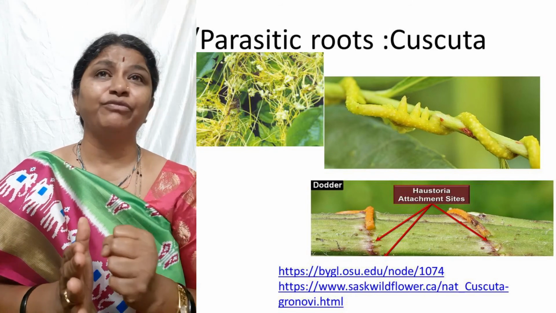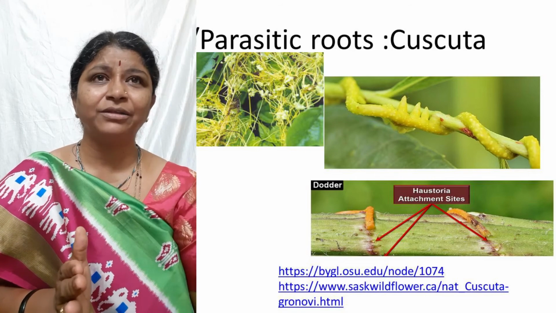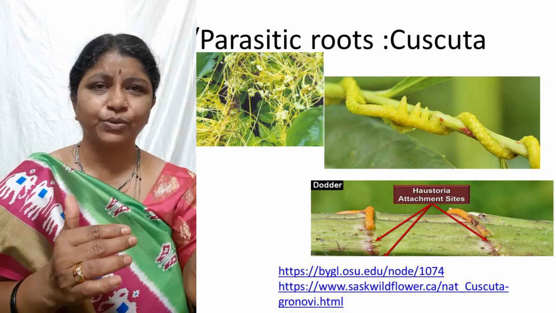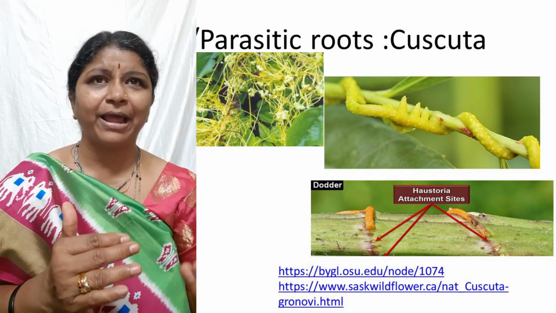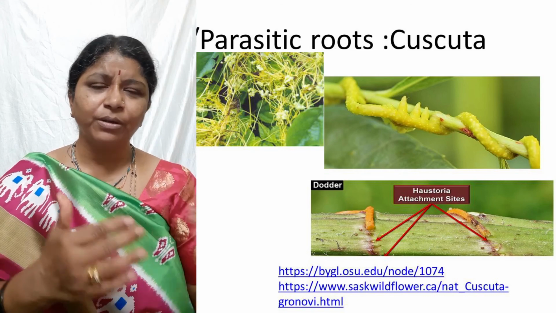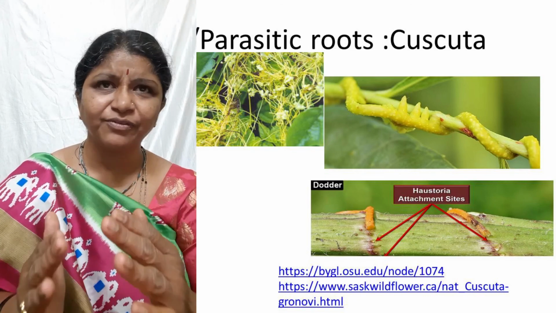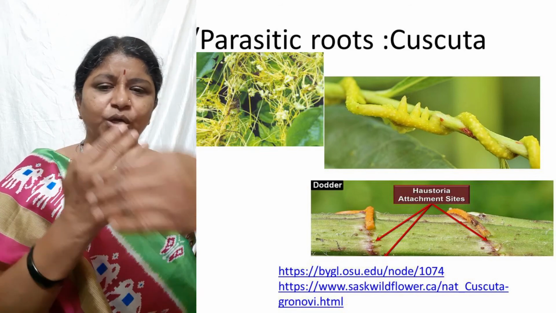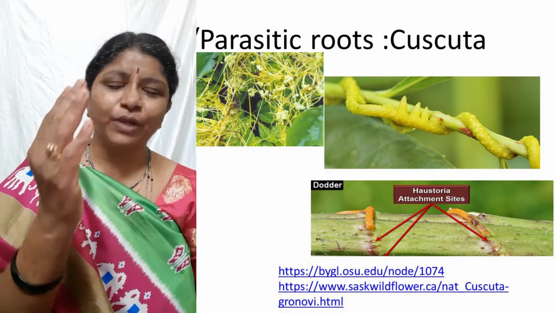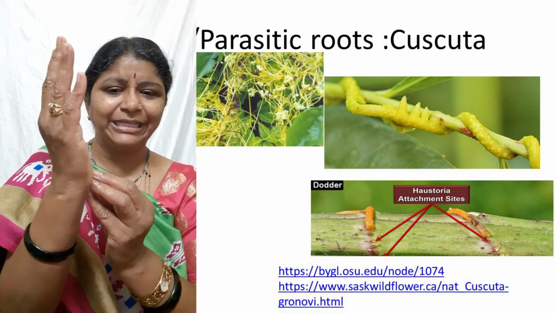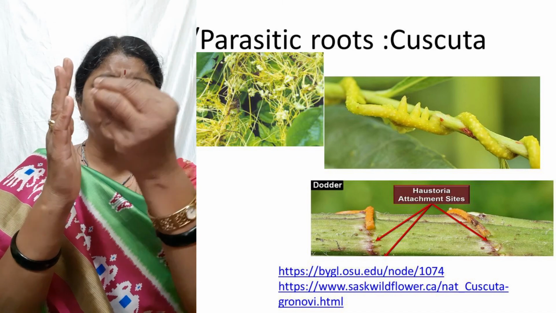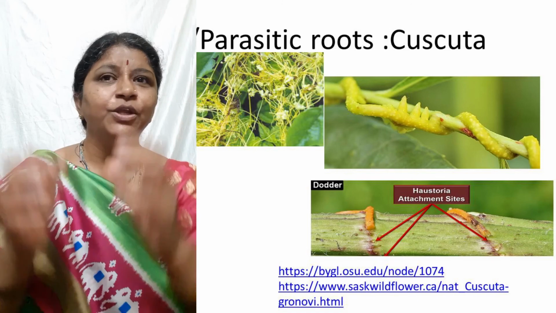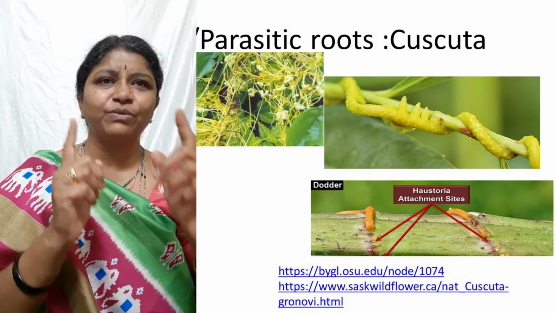For grabbing food or water from another plant, it needs some specialized roots, known as haustoria or parasitic roots, that enter into the other plant and grab the water or food from it, like that of Cuscuta. Cuscuta is a complete stem parasite which grows surrounding solanaceous host plants, and it produces several smaller roots inside which contact both the xylem and phloem of the host plant, so that it grabs the water as well as food.